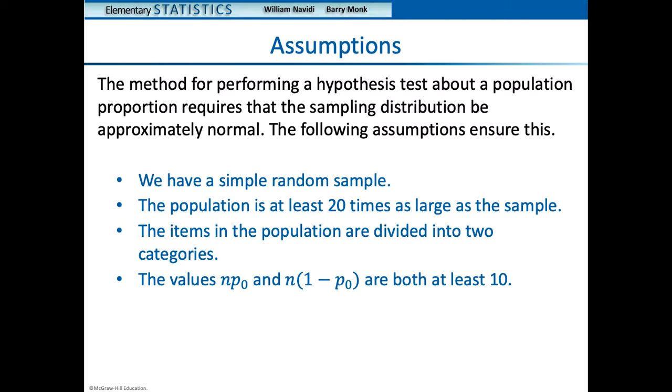The population needs to be at least 20 times as large as the sample. The items in the population need to be able to be divided into two categories, and the values n times p sub 0 and n times 1 minus p sub 0 are both at least 10, where p sub 0 is the value indicated by the null hypothesis.